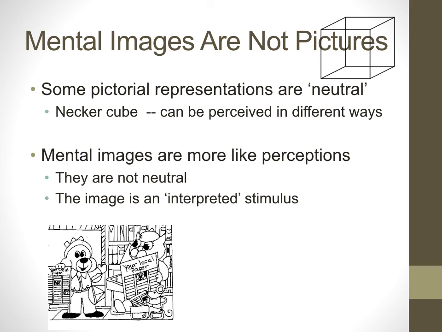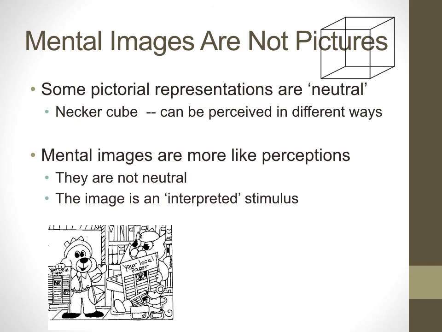It can be understood as a depiction of a cube from above or a depiction of a cube viewed from below. In other words, the picture doesn't specify in which way it should be perceived. The picture is neutral with regard to interpretation, and you can go with either interpretation that you want to figure out how to perceive the object.